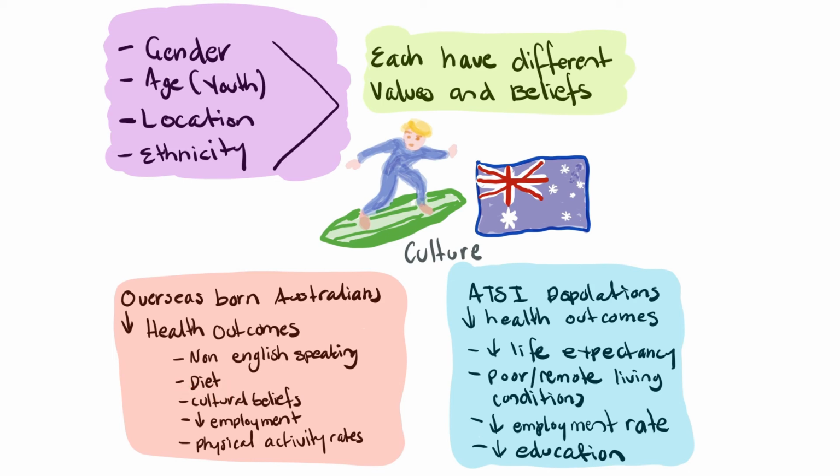So they may have come from a country where, for example, Asian people's diet is heavily based around vegetables, low fat. They move to a city in Australia where they may have a lot more access to different sorts of foods, such as fast foods, a variety of restaurants and that sort of thing. So their diet may be very different to what they were previously used to.